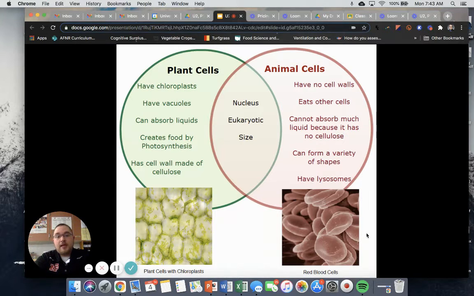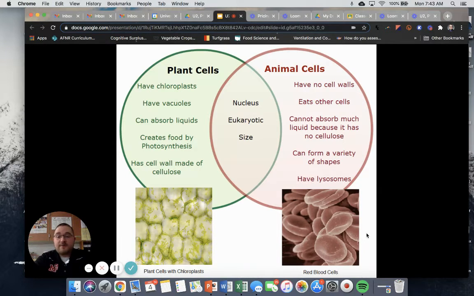Animal cells, on the other hand, do not contain cell walls. They can eat other cells. They cannot absorb much liquid because they have no cellulose. They can form a variety of shapes, and they have lysosomes. The similarities between plant and animal cells are that both of them have a nucleus or nuclei. They're both eukaryotic, so you are a eukaryote.